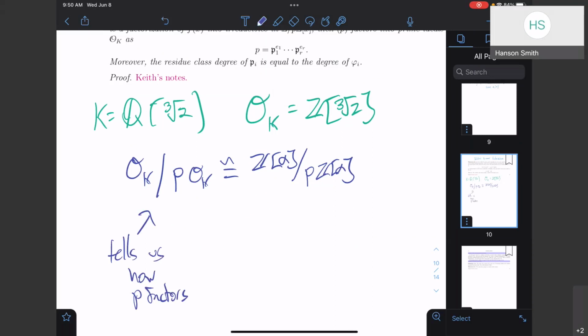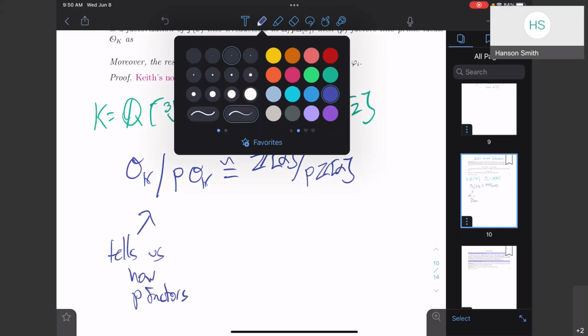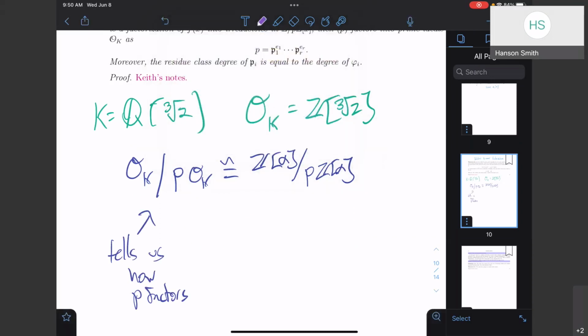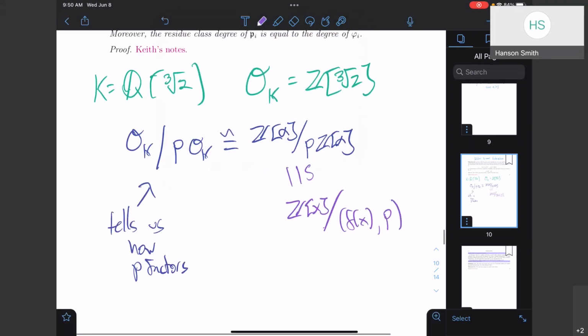Likewise, if I write this right here a little bit differently, and I just write it as Z adjoined x modulo f of x and p, the ideal generated by these two things, then rather than modding out by f of x first and then p, I'll go ahead and mod out by p first and then f of x.